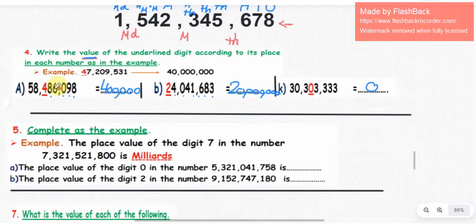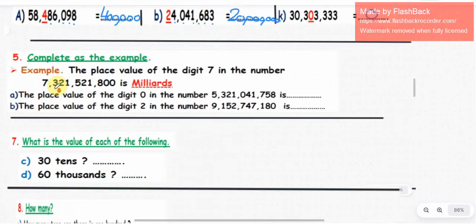Okay, let's move to question number 5. Complete as the example. I need letter A, the place value of the digit 0 in this number. So first I have to write under the commas the families: thousand, million, and milliard.